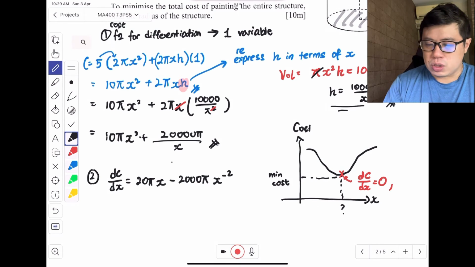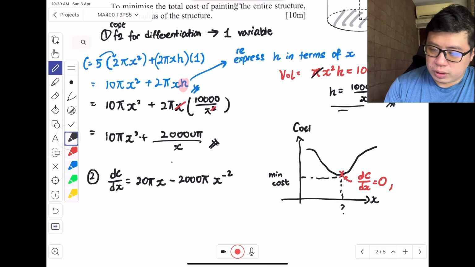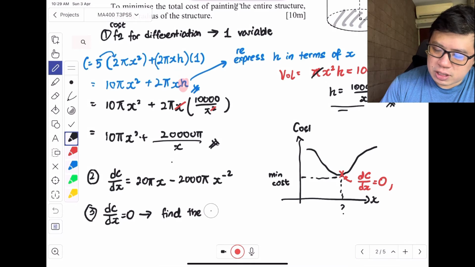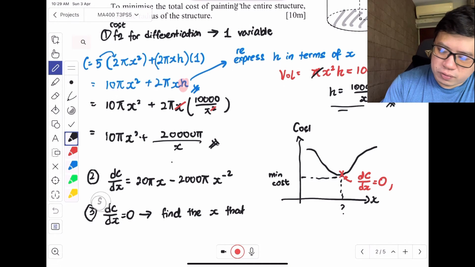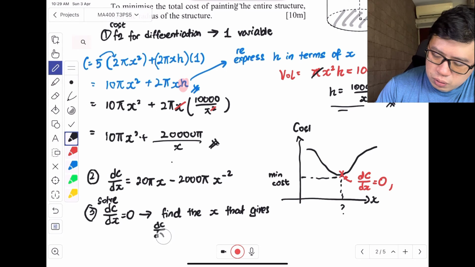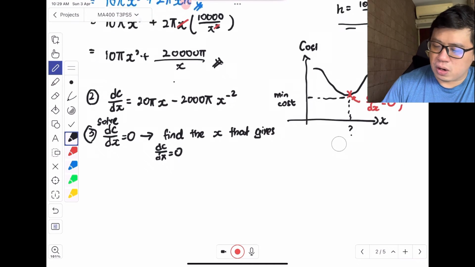After which you equate dC/dx to 0. This will allow you to find the stationary value of x.